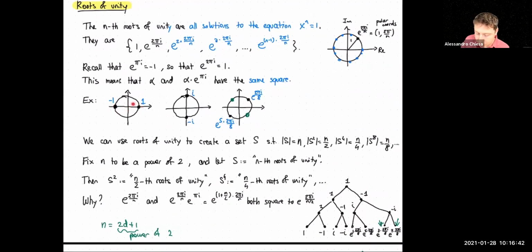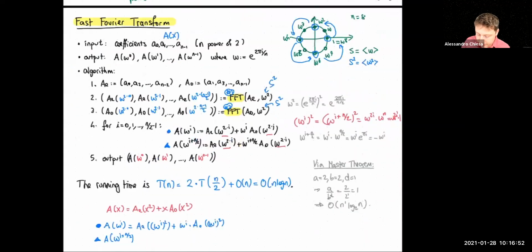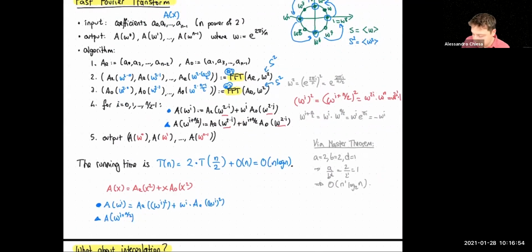These two square to the same thing, these two square to the same thing. They are like half a circle away, okay? So this plus n over 2 is what I also computed over here.